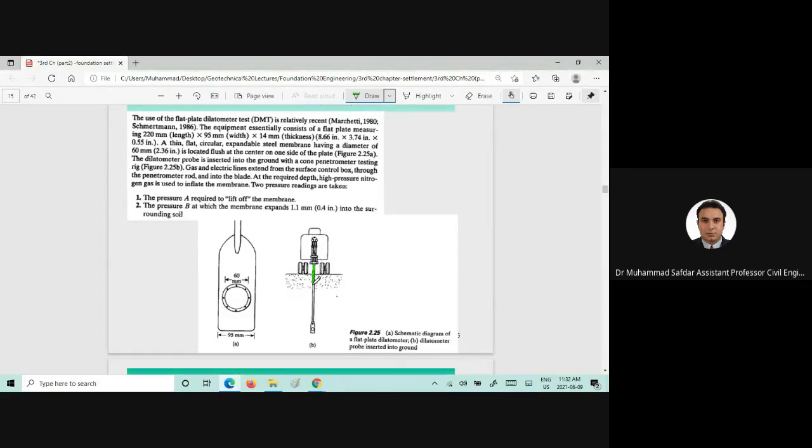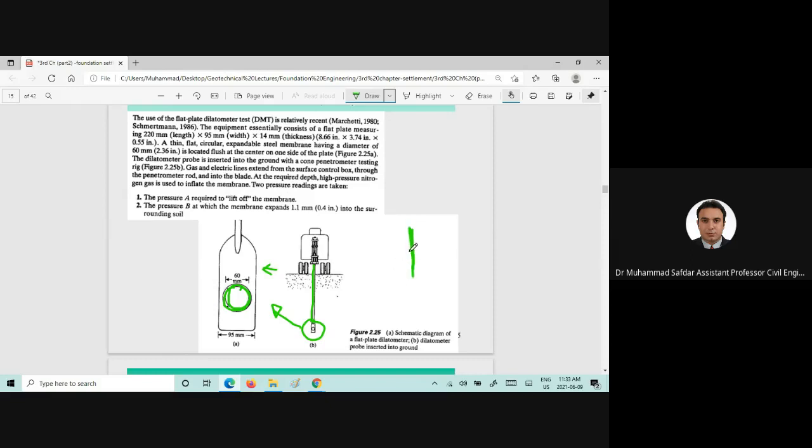So you will penetrate into the soil without having a borehole there, and it's a flat plate, but the zoomed-in view shows that there is a circular membrane, and if you are looking from this side, it will look like a thin plate.